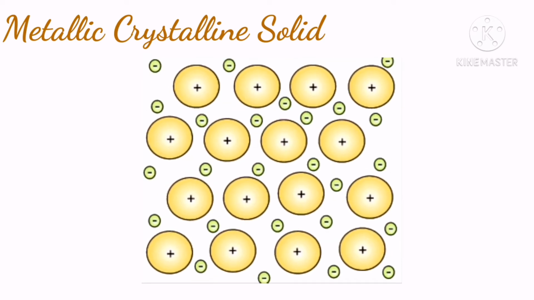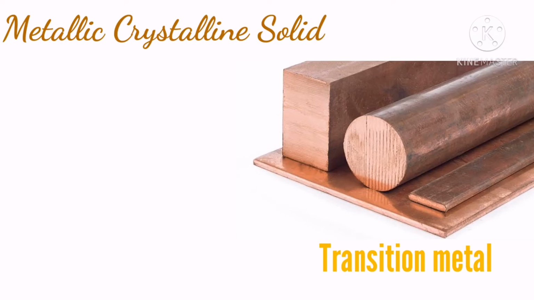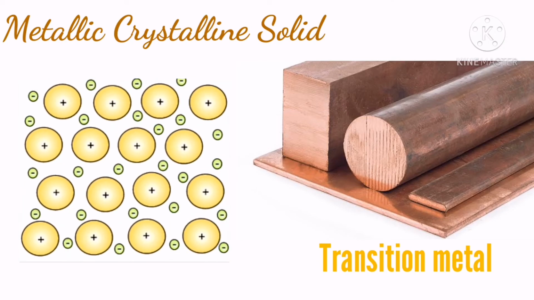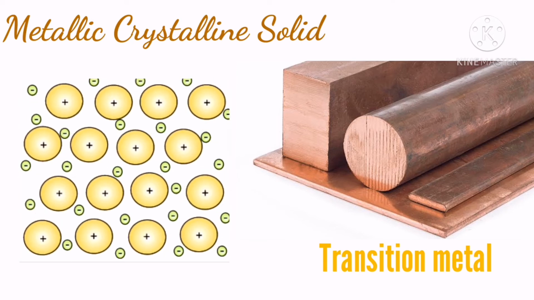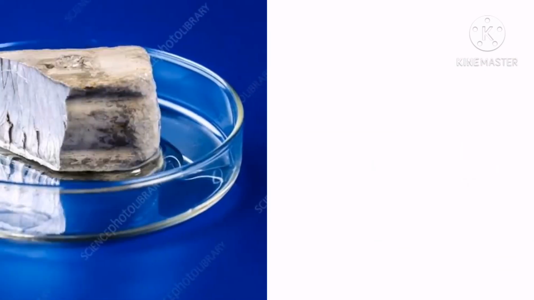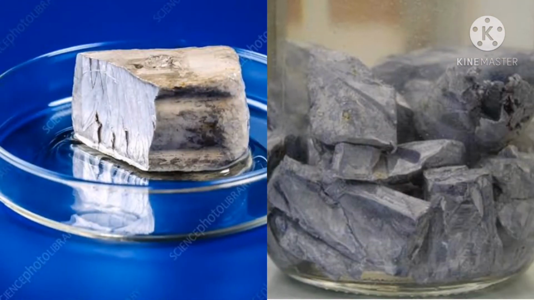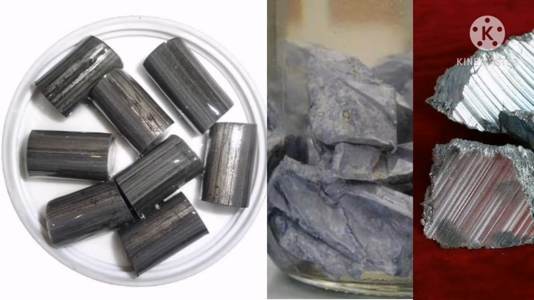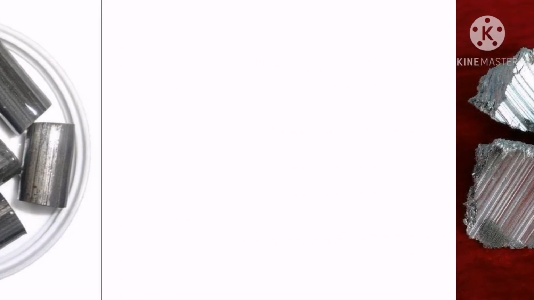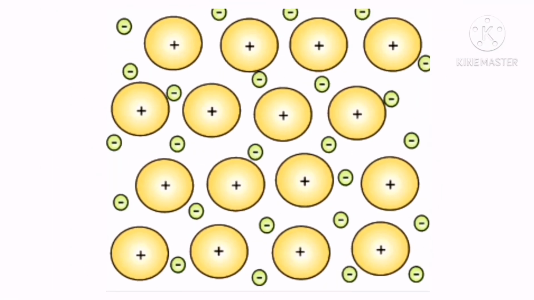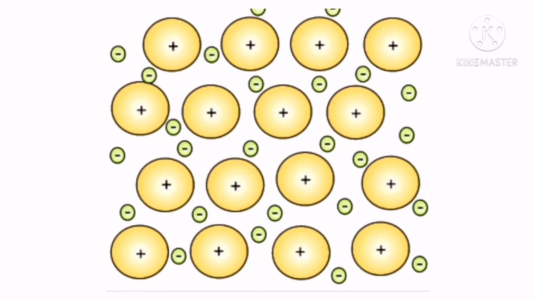For instance, copper metal is a transition metal, but since it has a metallic solid structure, it is considered a metallic crystalline solid. Other examples are sodium metal, potassium metal, lithium metal, and calcium metal. Any of these have a metallic-like structure, so they are considered metallic crystalline solids.